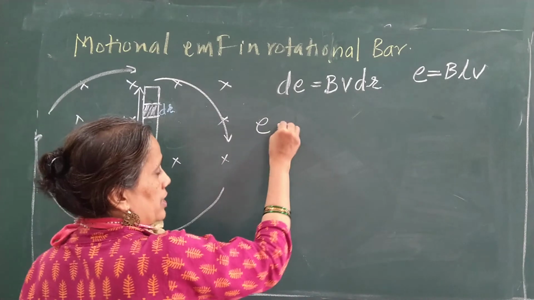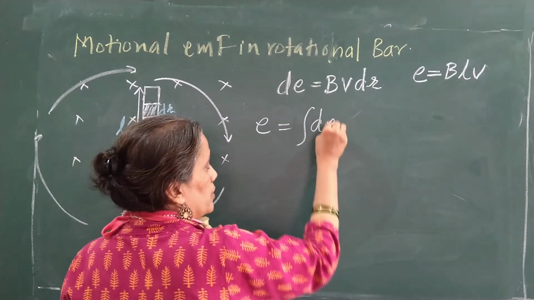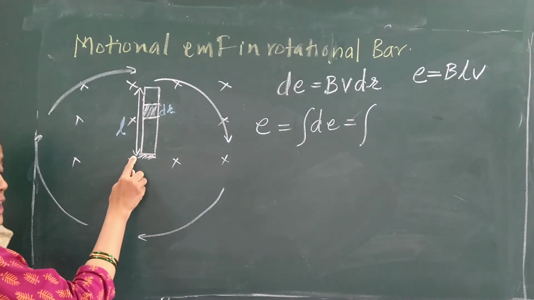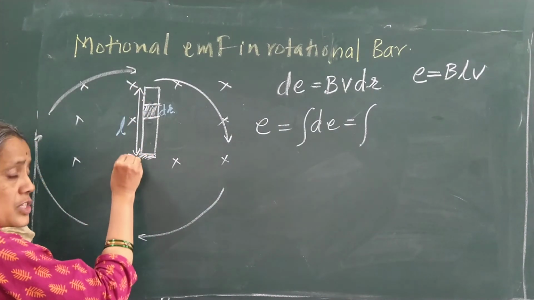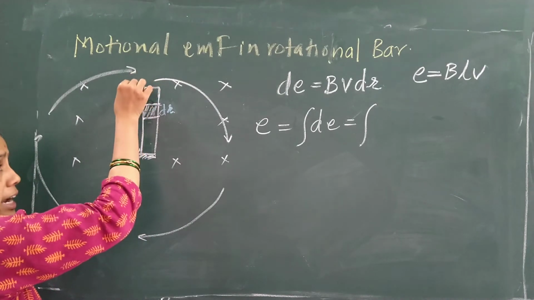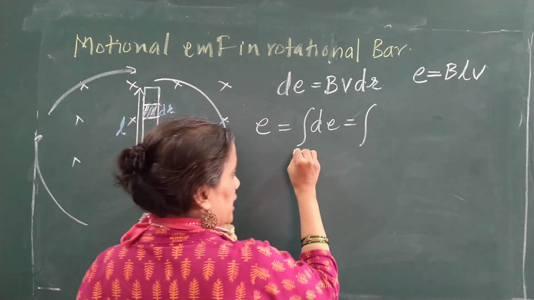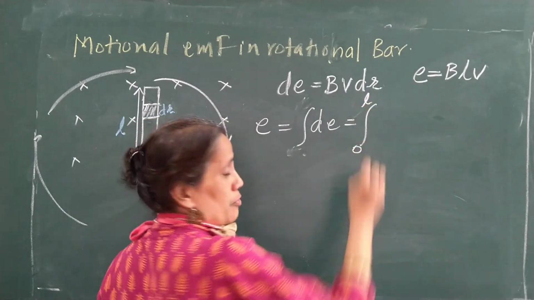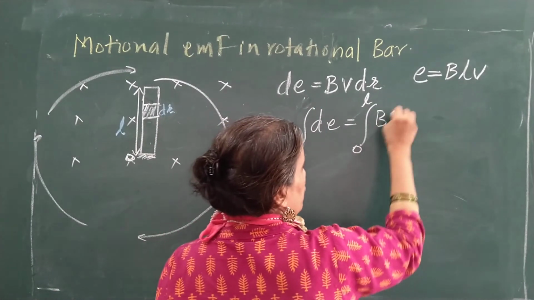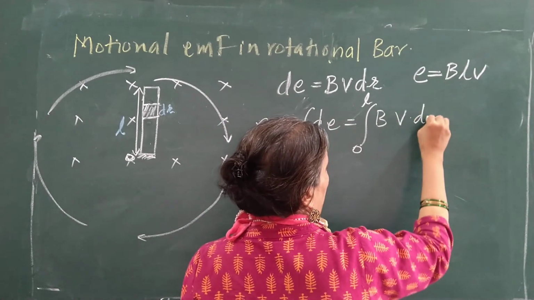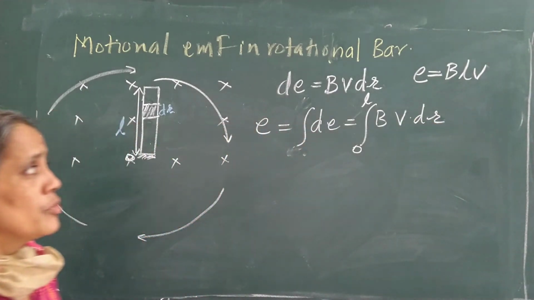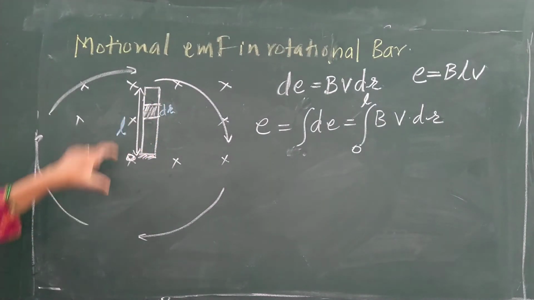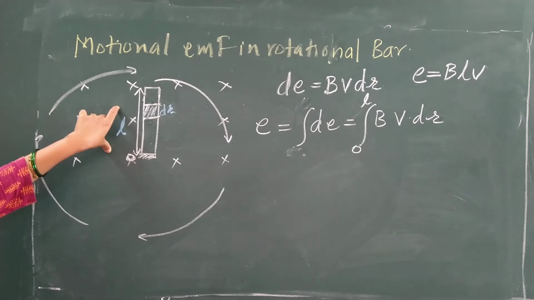Therefore, the total EMF E is equal to the integration of dE, where the integration limits are: the rod starts from the pivot end, which I can consider as 0, and the other end of the rod ends at L. So the integration limits are from 0 to L, of B V dr. This is nothing but the induced EMF.